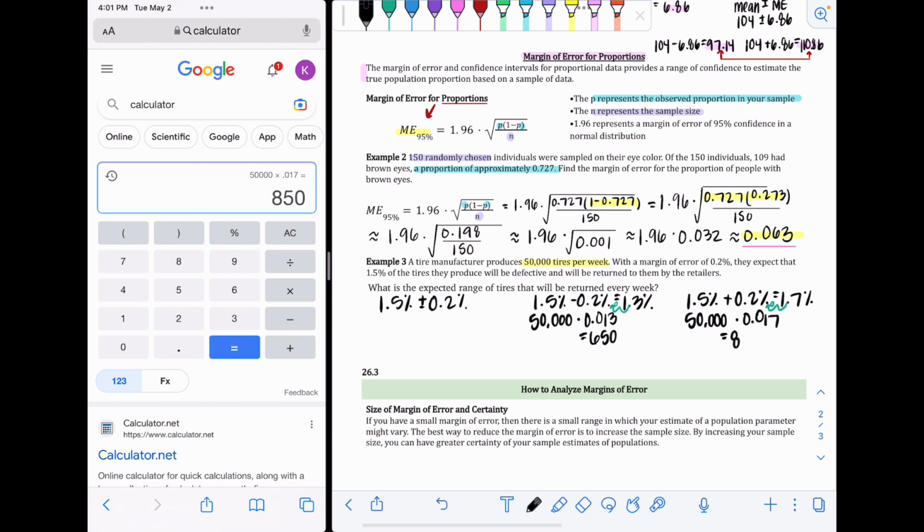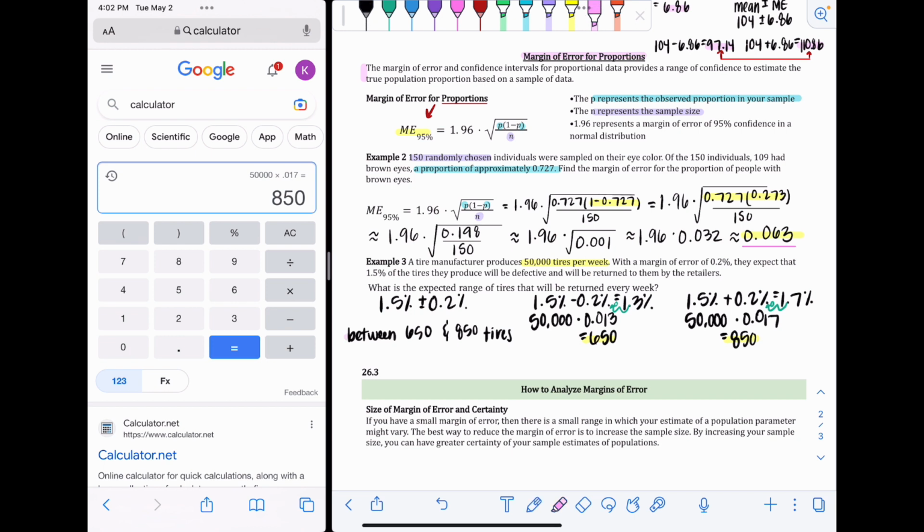So 850 is the high range of how much they expect to be returned. So anywhere between 650 and 850 is the expectation. So we can say between 650 and 850 tires.